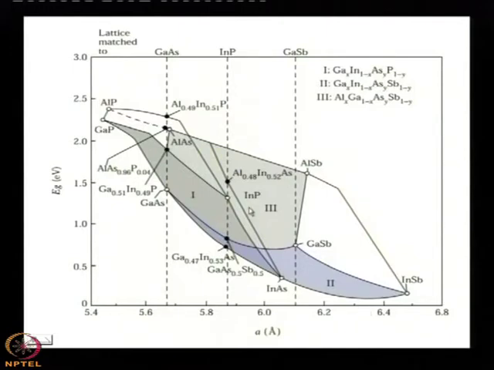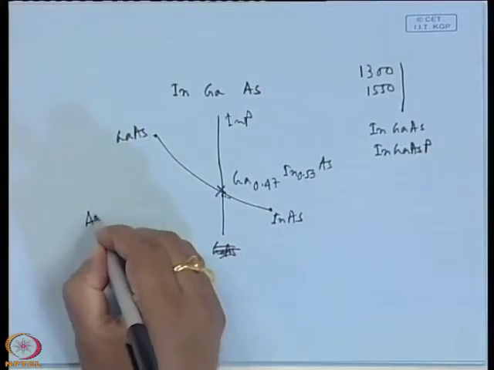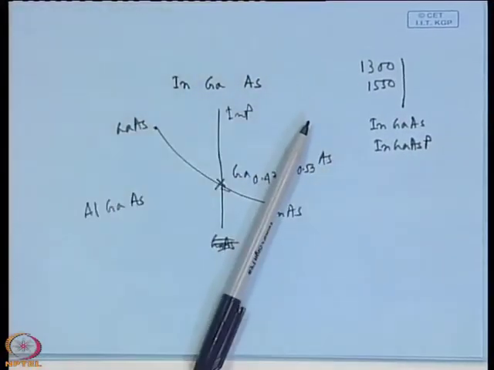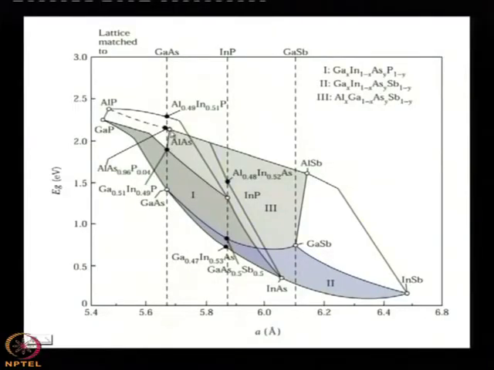Another very important example is gallium arsenide and aluminum arsenide. If you take aluminum gallium arsenide, what do you find? The lattice constant of gallium arsenide and aluminum arsenide is almost the same.